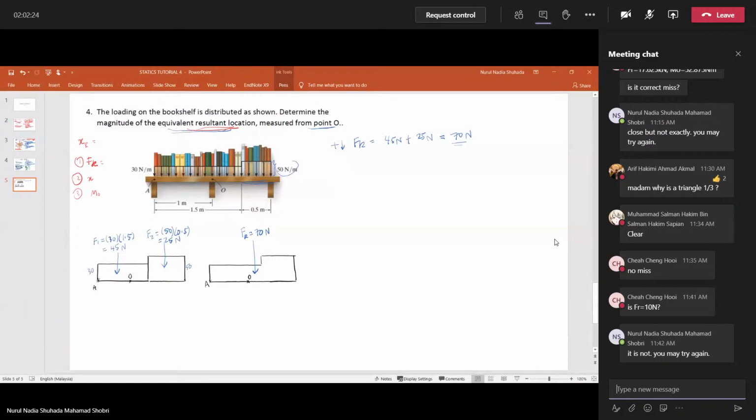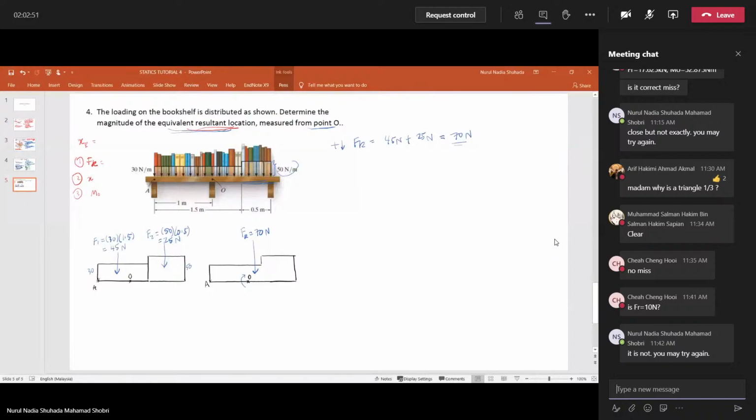What the question wants is, I assume the force to be on the right side of the point O, so that it will make clockwise. It's just an assumption. If at the end your answer is negative, then that means your assumption is in the opposite direction.